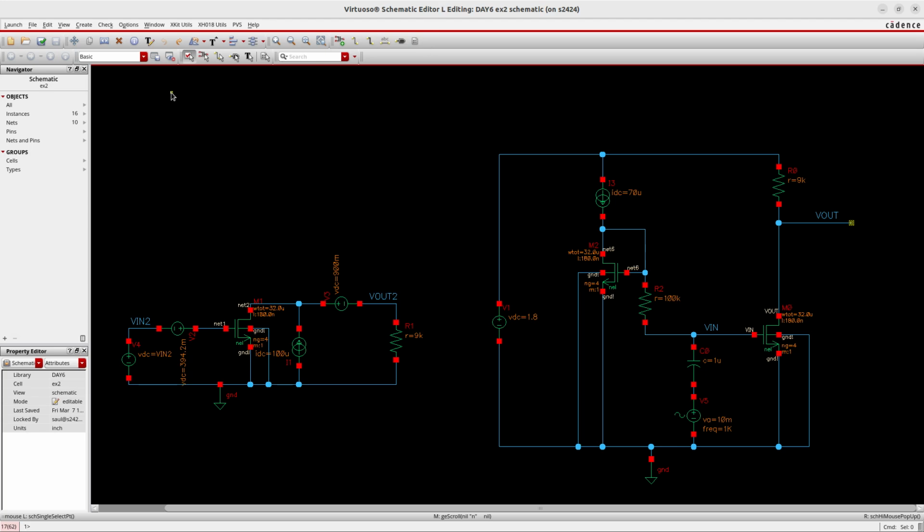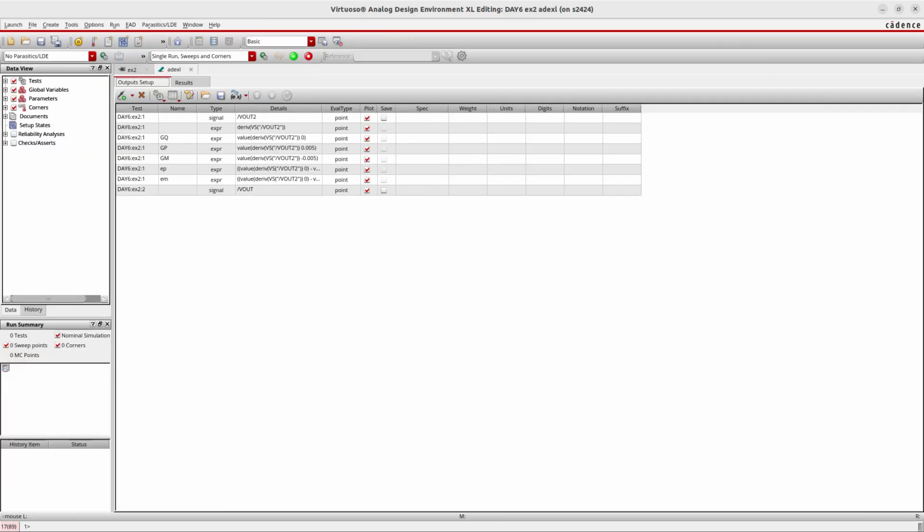You can imagine that I can use here the ADE or ADXL, and actually there is a template in ADXL available for you. We're going to open it very quickly.